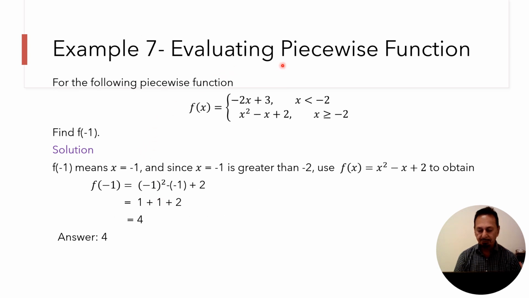Example 7. So we have piecewise function f of x equals negative 2x plus 3, x squared minus x plus 2. Now we find f of negative 1. Now f of negative 1 means x equals negative 1, and x equals negative 1 is bigger than negative 2.